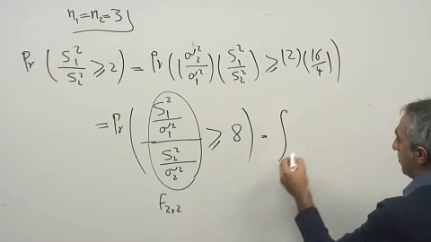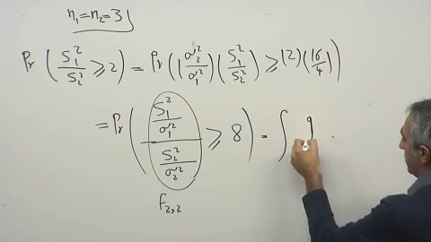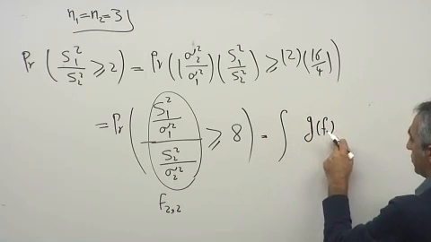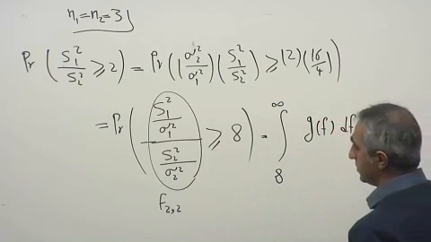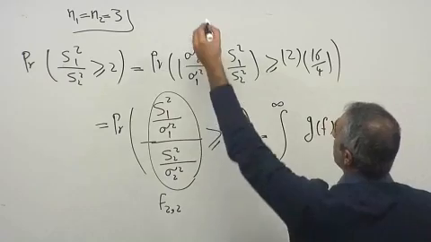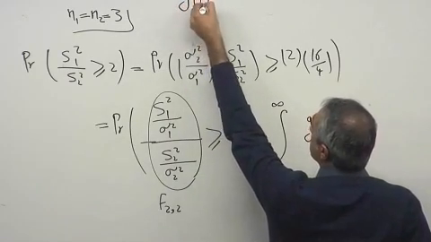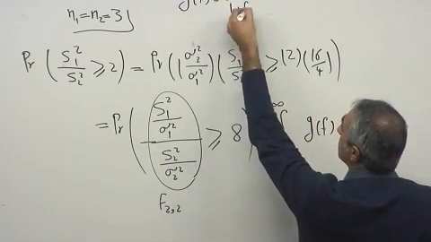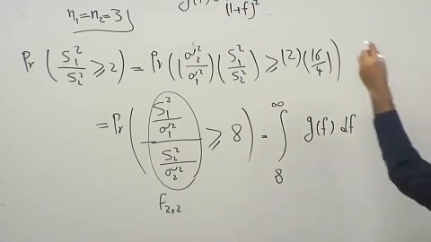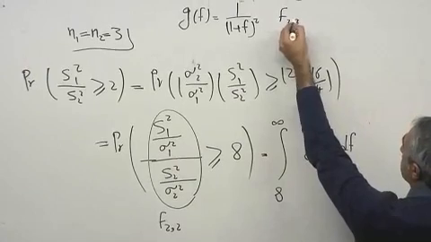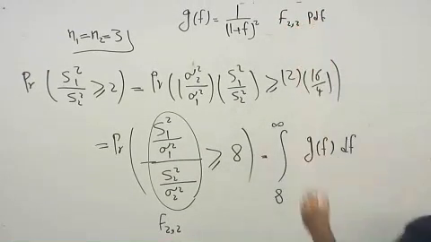So what I'm going to do is integrate the PDF function for F from a to infinity. I just want to remind you, this is the PDF of F with 2 and 2 degrees of freedom.